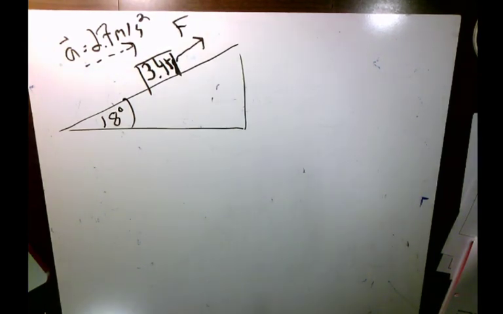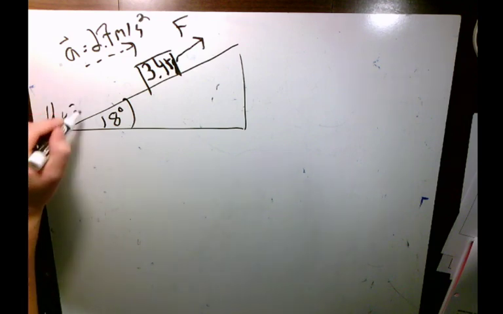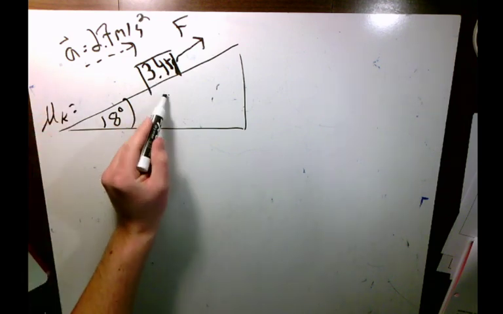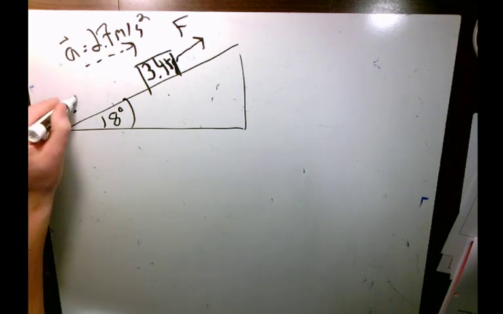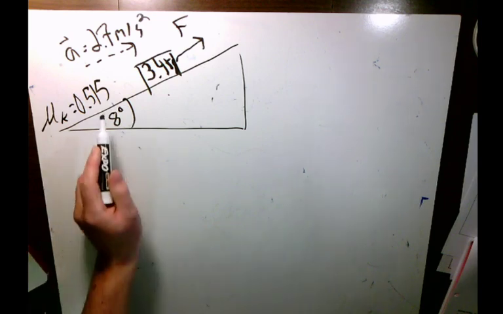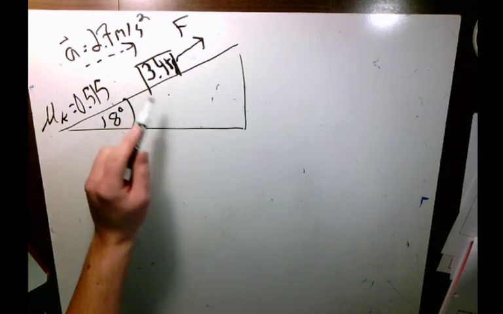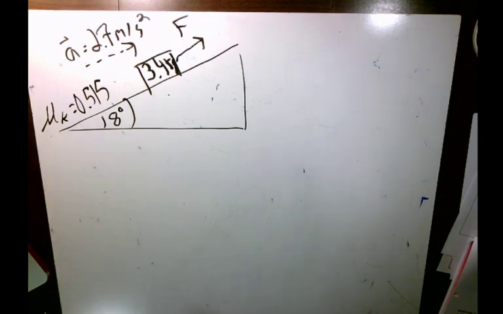The rest is up to us, other than they give us the fact that the coefficient of kinetic friction between the box and this inclined plane surface is 0.515. So the bigger this number, the stickier the surface, the rougher it is. So we're somewhere kind of in the middle. It's got an average stickiness or roughness.